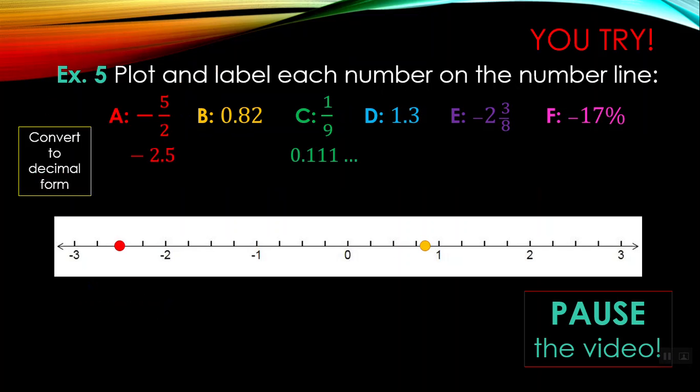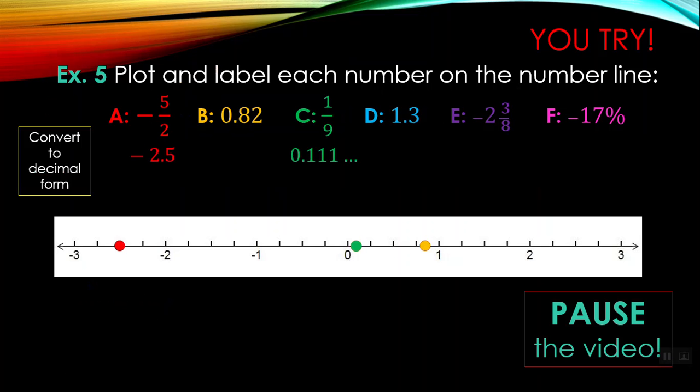Point C is 1/9, and I needed to divide to find my decimal approximation, the decimal form of that. Decimal form is 0.1 repeating. Where's 0.1 repeating fall? Well, it's more than 0, but it's less than 1/4, than 0.25. So that's going to fall pretty close to the 0, but to the right of it. Point D is 1.3.